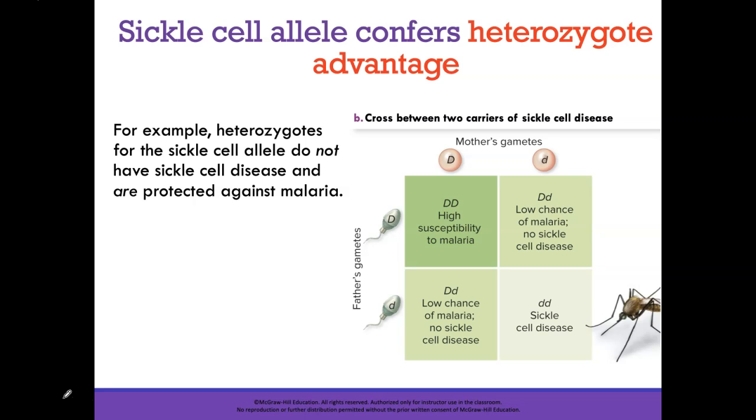So again, it's an advantage to be a carrier for cystic fibrosis because you would be immune to cholera toxin. But it gives you more of a chance of having a child that has cystic fibrosis. So a heterozygote has a fitness advantage over both types of homozygotes. And that's what allows the harmful allele to remain in the population. This explains why we still have cystic fibrosis alleles and sickle cell alleles in different populations.